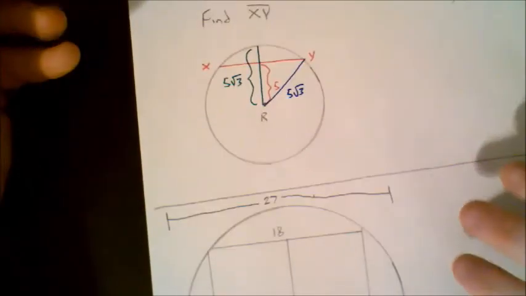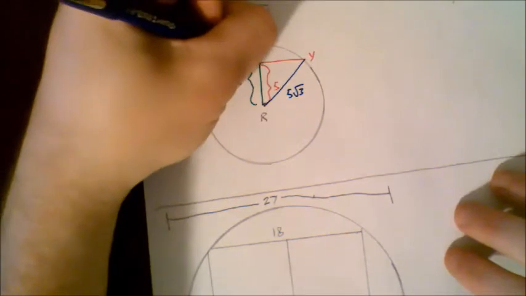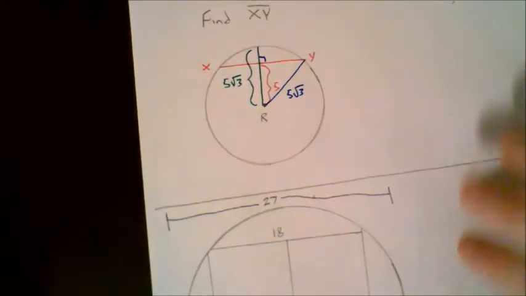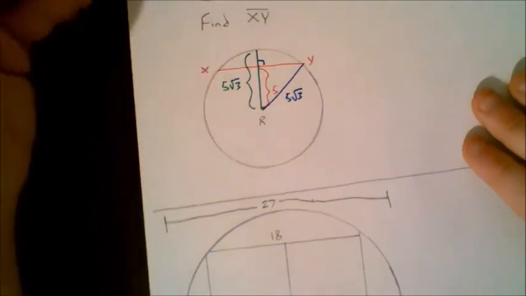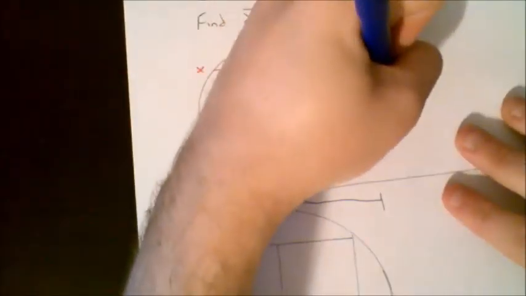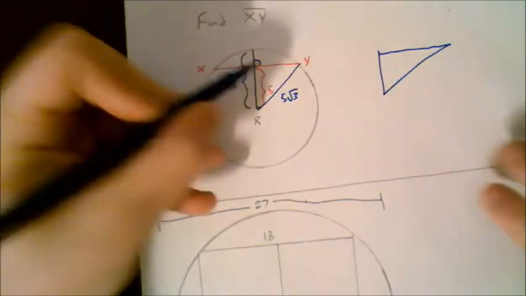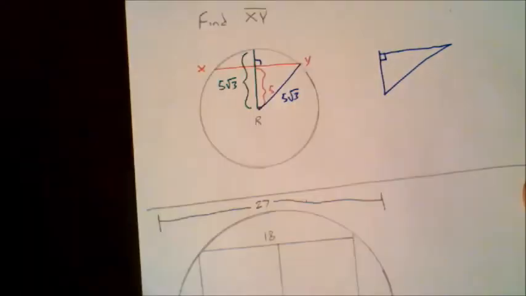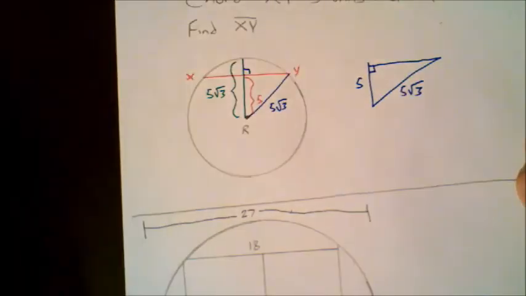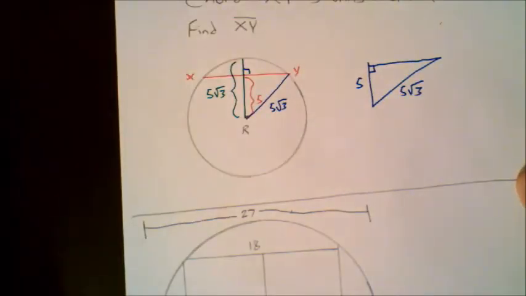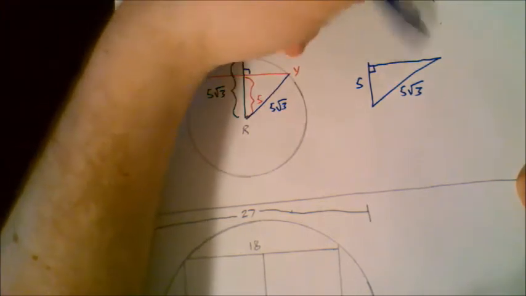I'm going to draw this in a way that it is perpendicular, that way I can use the Pythagorean theorem. So this is a right angle. I'm going to have a 5 right here and 5 times the square root of 3 there. Just going to have to use the Pythagorean theorem.